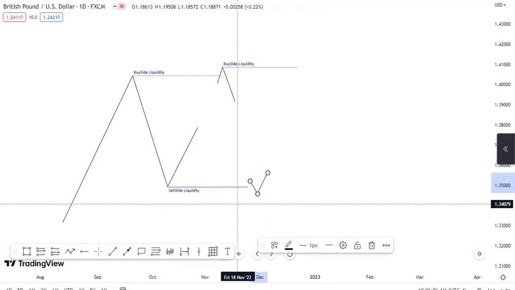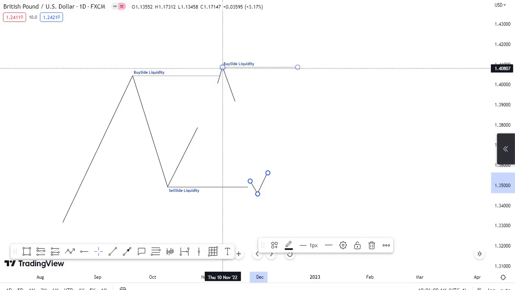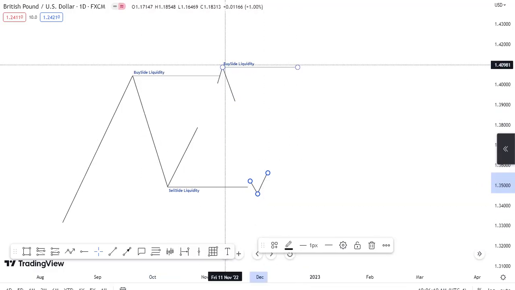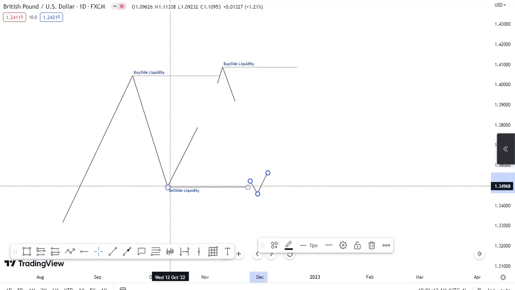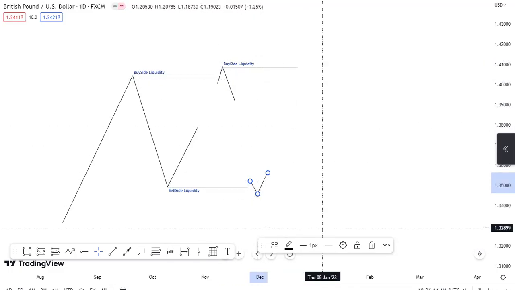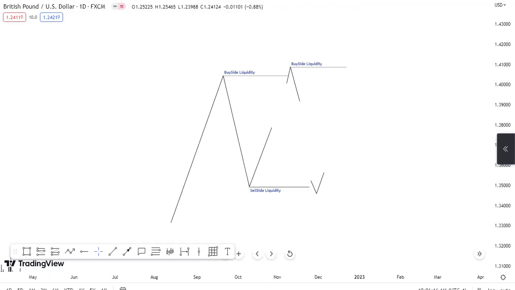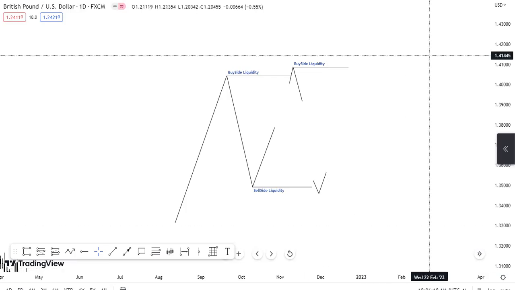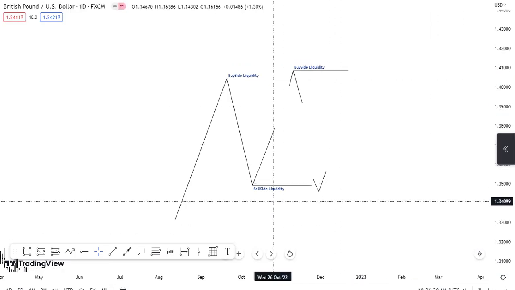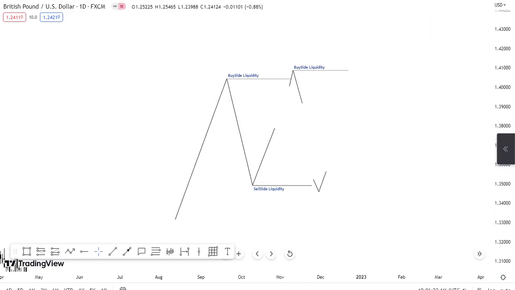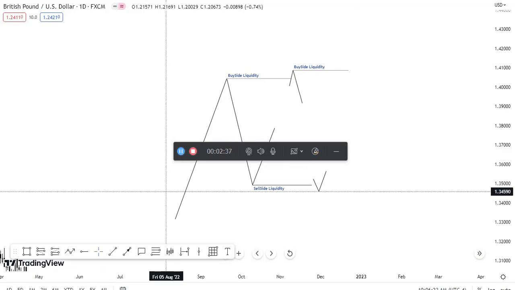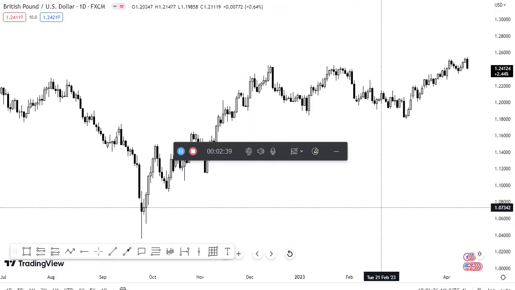For example, it moves from buy side to sell side, from sell side to buy side, and vice versa. That's basically how price tends to move in ranges. Now let me show you and help you identify this in real market conditions.